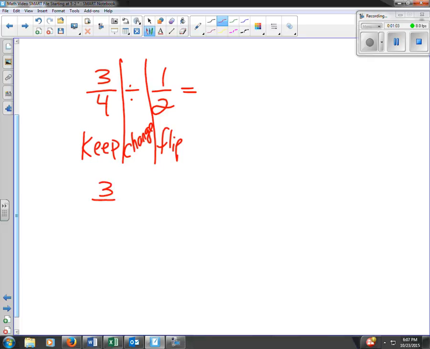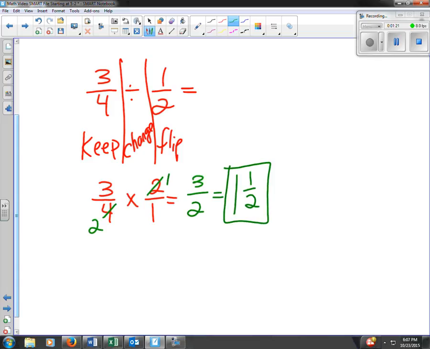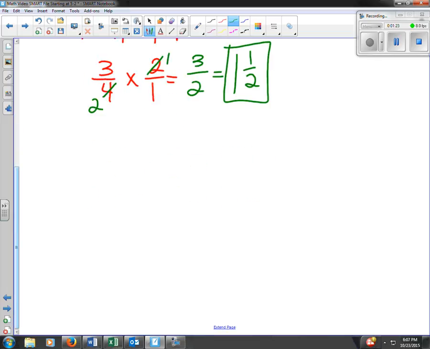We're going to keep 3/4, change division to multiplication, and flip to 2/1. Cancel things out, and you get your answer as 3/2, which becomes 1 and 1/2. Okay? That's easy.